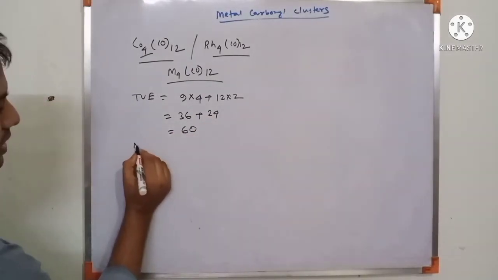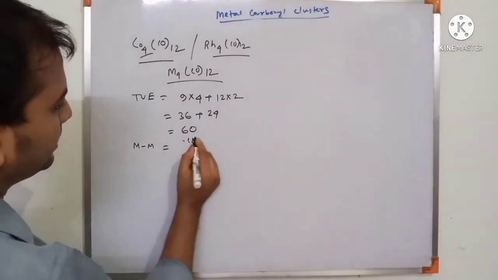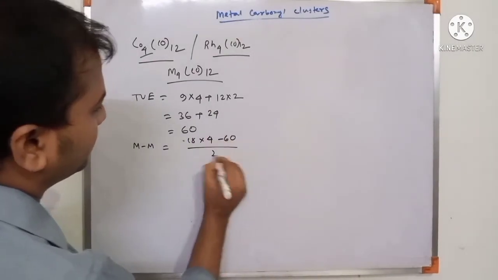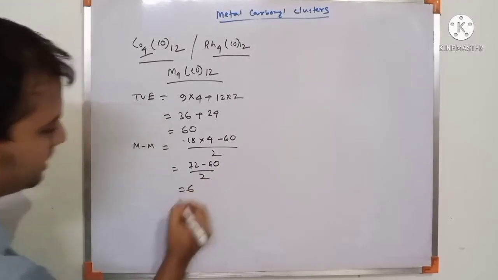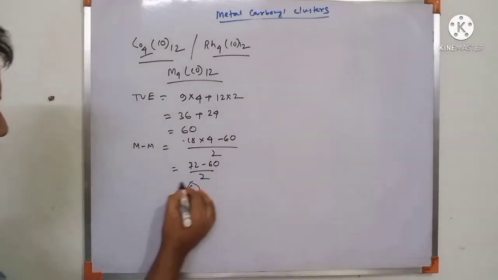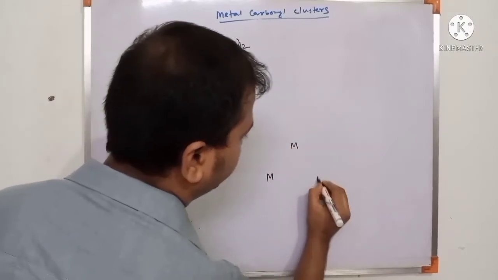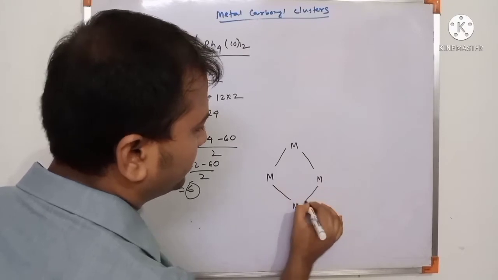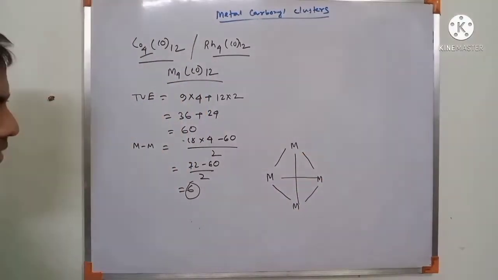Now calculate the number of metal bonds, equal to 18 into 4, number of metals, minus 60, by 2, equal to 72 minus 60 by 2, equal to 6. So there are 6 metal bonds. The structure is metal, so there is 4, and 1, 2, 3, 4, 5, 6. There is 6 metal bonds.